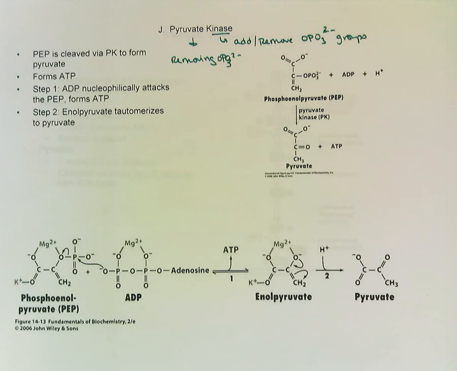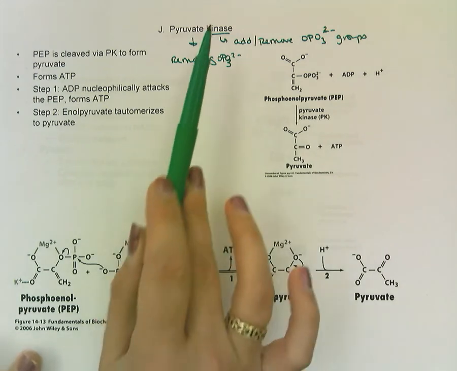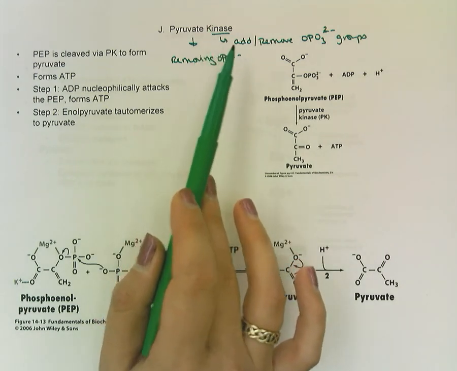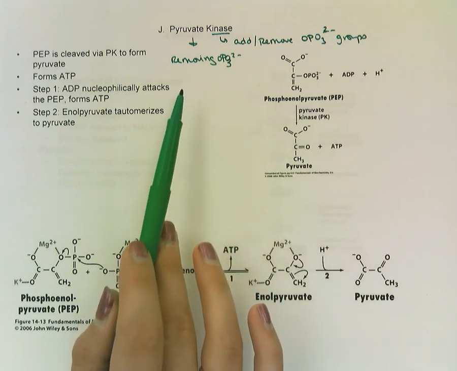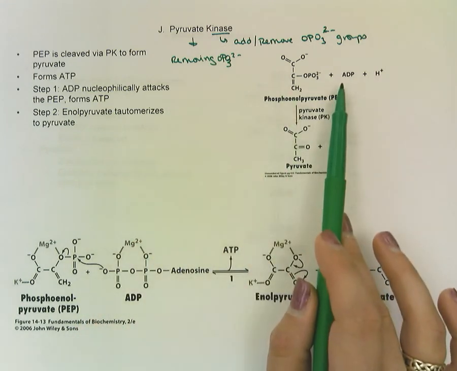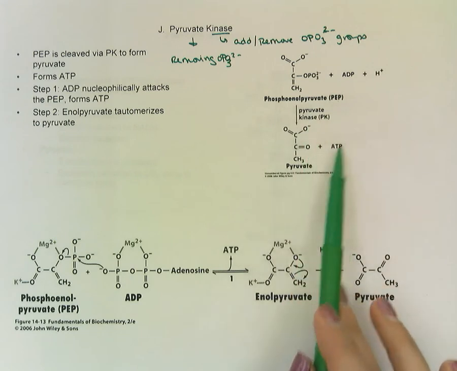So PEP is going to be cleaved using pyruvate kinase to form pyruvate. If we are going to cleave off that phosphate group, what are we going to add it to? ADP. So in this reaction, if there's a kinase at the end of the reaction, you're going to remove a phosphate group, which means there better be some ADP around, which there is, so we can make ATP.